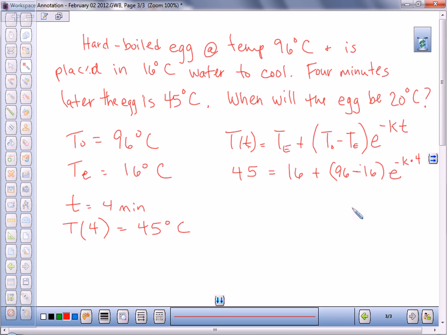Please solve for K. Ooh, K is an exponent. Got to take a log. All right, we never round until the very end. And solving for K is not the end. It's kind of the beginning. So you're going to leave K in terms of natural log.